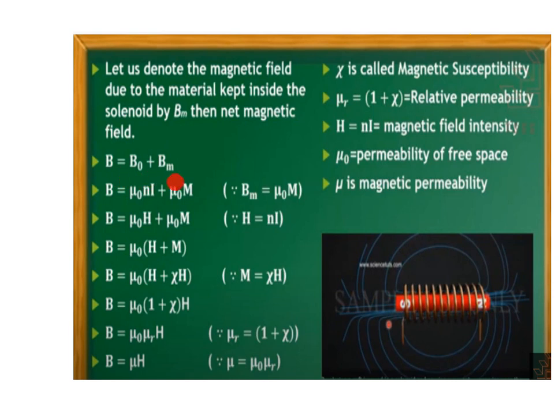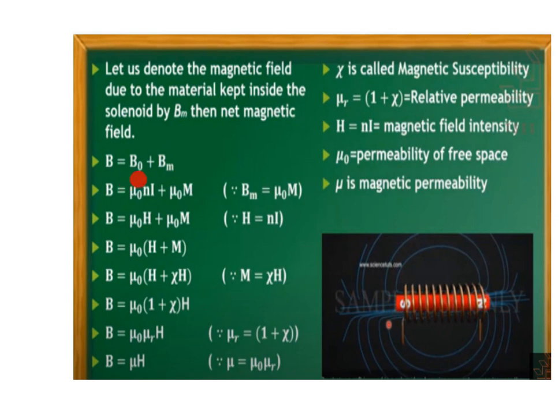So what is B? B is the net magnetic field. What is B naught? B naught is the magnetic field inside the solenoid. And what is Bm? Bm is the magnetic field due to the material kept inside the solenoid.